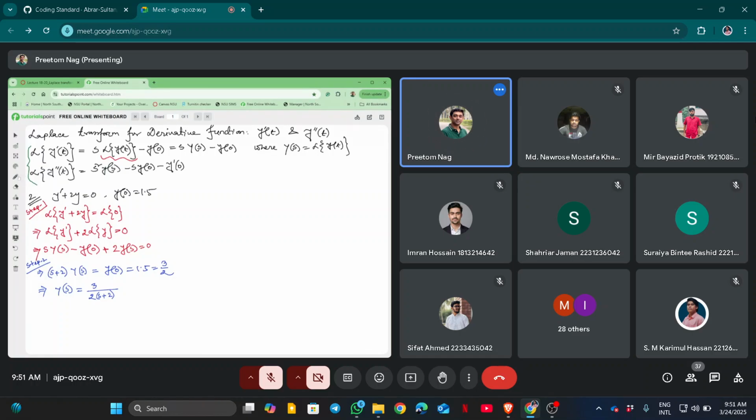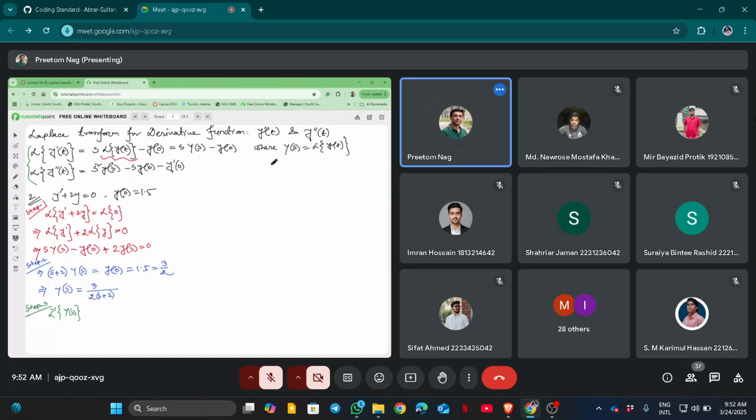Okay, what is next? Next, when we apply the inverse Laplace transformation, our solution comes in terms of y, which is step 3. So what is said in step 3? Apply the inverse Laplace transformation to Y(s).